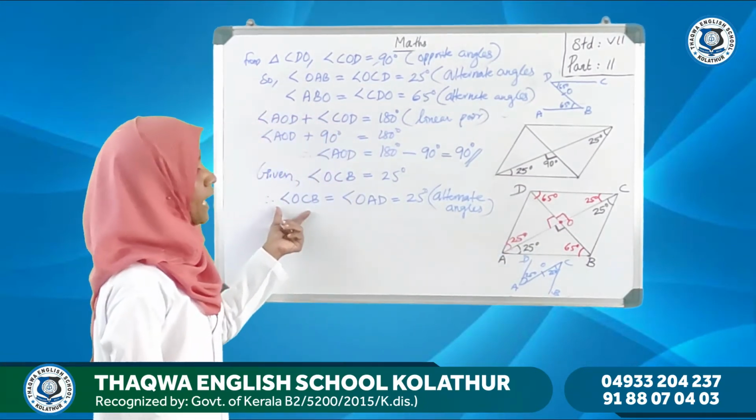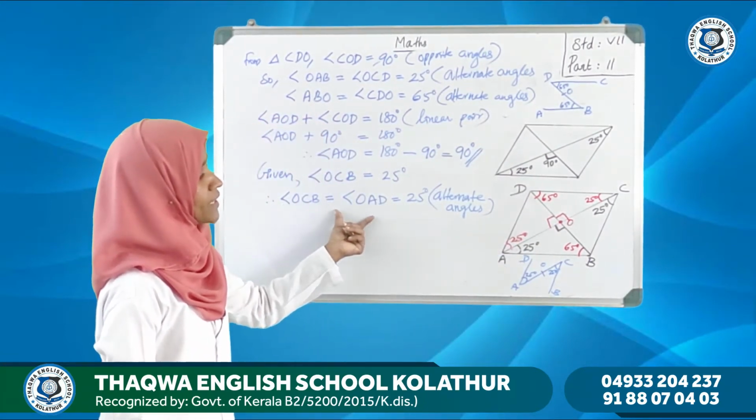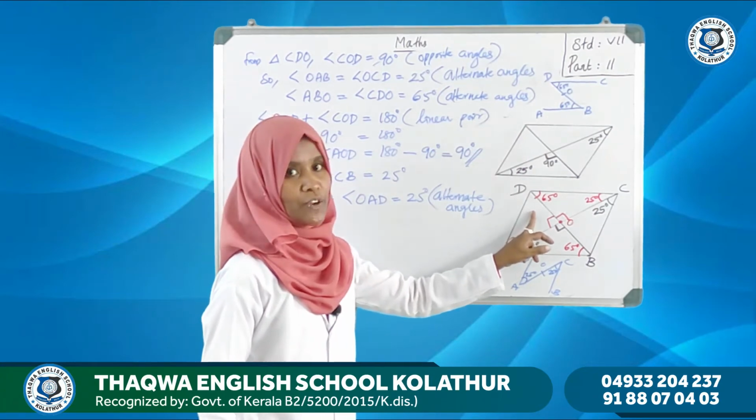So, angle OCB equals angle OAD equals 25 degrees.